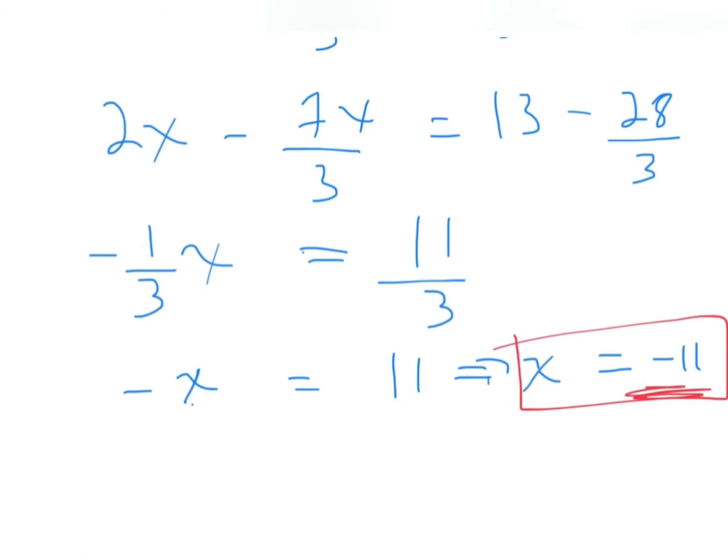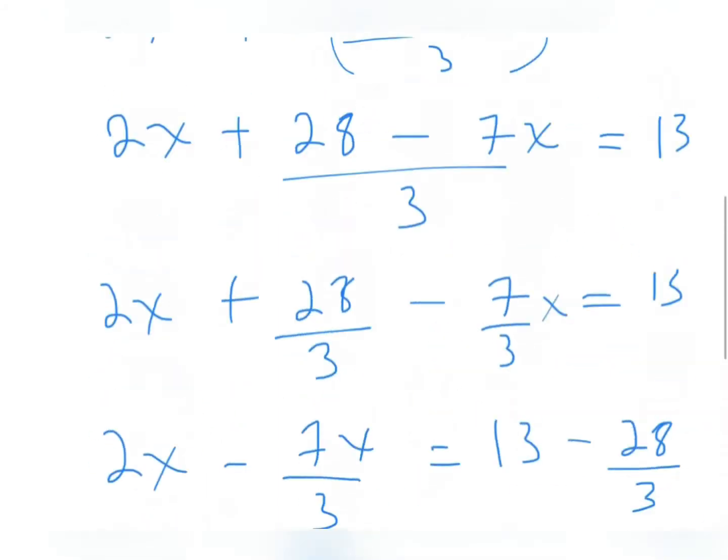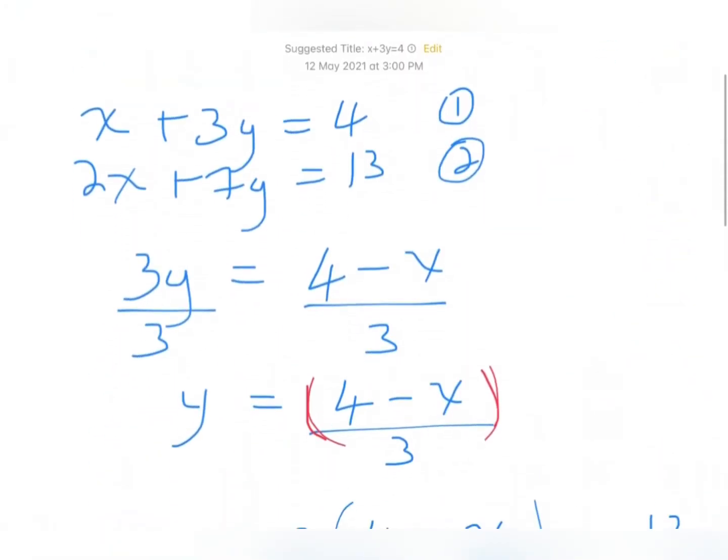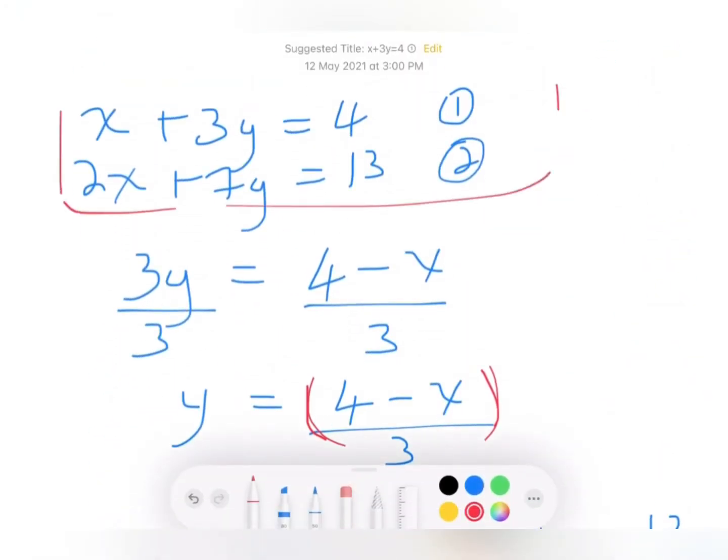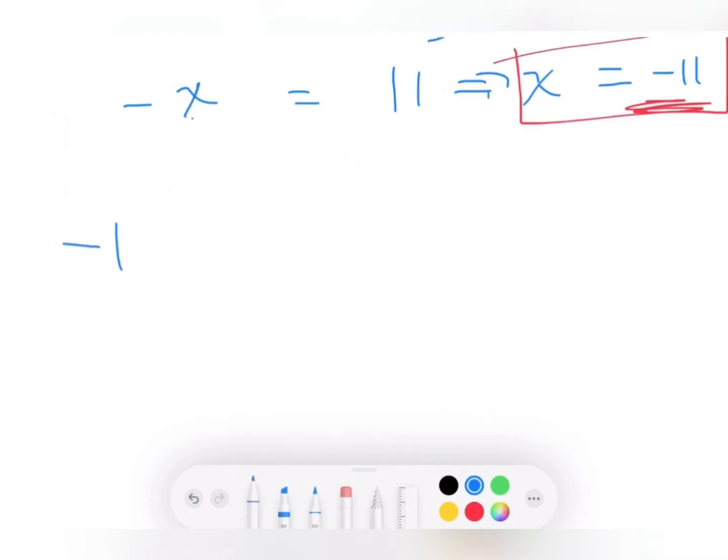Now that we have a value for x, we can substitute that value for x in one of the equations here. I will plug it into the first equation, which is equation 1, and solve for y. So I would have negative 11 plus 3y equals 4.